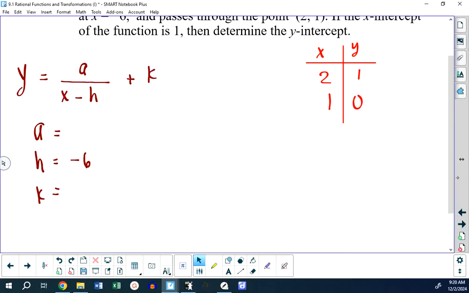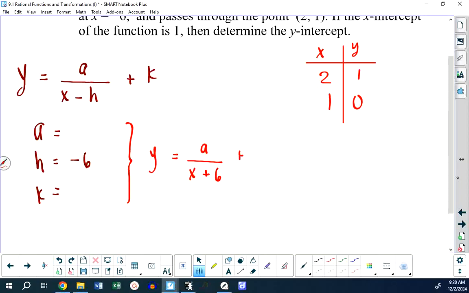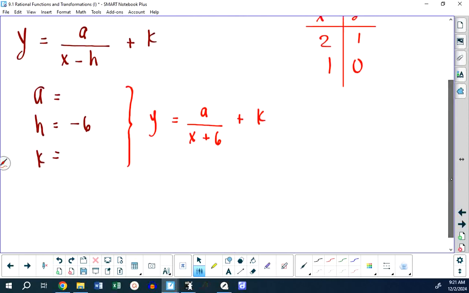Let's do that first. Well, first of all, I should say, let's put in the -6. So now we have an equation that we can populate with an x and a y, right? We need to have that known parameter in there. So what will my first equation be?